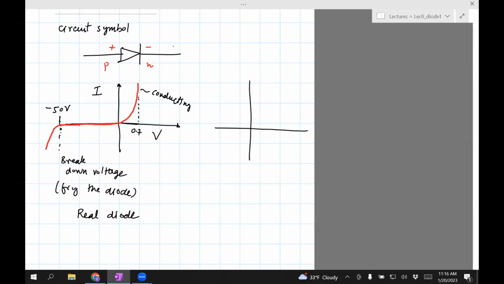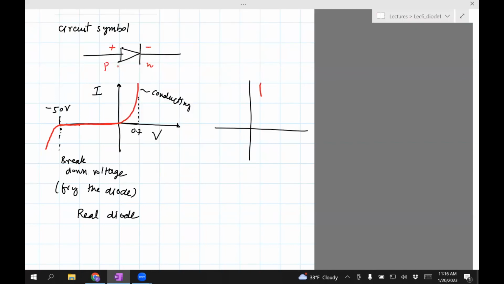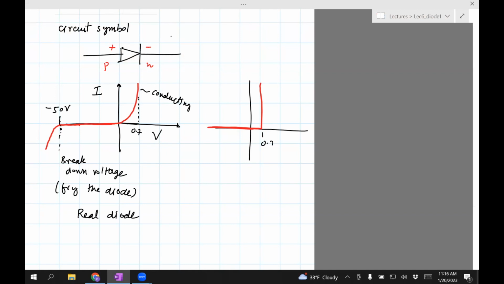Okay. What people do, just to make life easy, is approximate the diode as follows. So the curve is approximated as a straight line. This is 0.7 volts. This is the voltage. This is the current. So they're assuming that instead of being this curve, it's just a straight line.